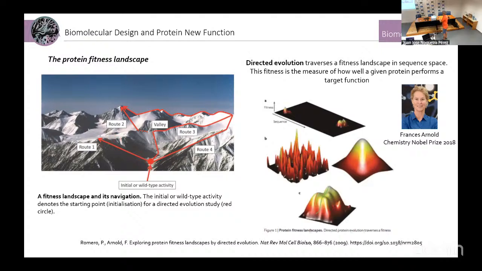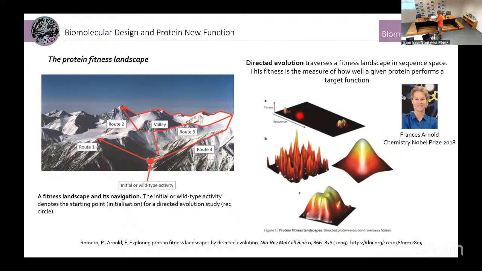So the higher we go, the more proficient the protein is for that particular function, right? And this fitness is the measure of how well a given protein, a given mutant, performs towards a target function. In this case, chemical reactions, for example.